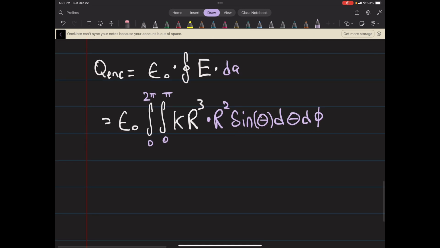So once again we can factor out some of these constants and you get k epsilon naught r to the 5th times, and basically all this stuff in purple, that just gets you 4 pi. That's a very common integral that I think we've done a few times now.